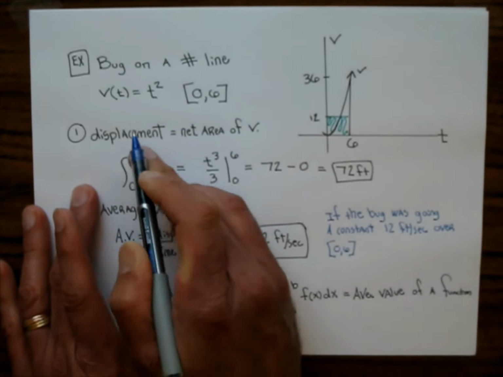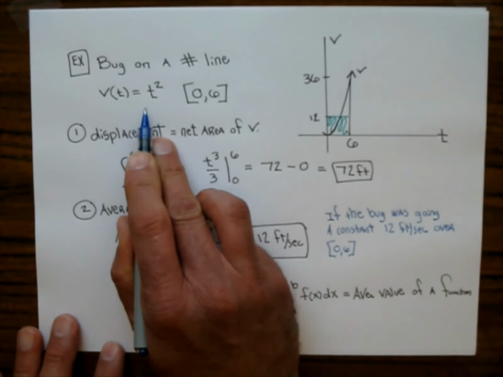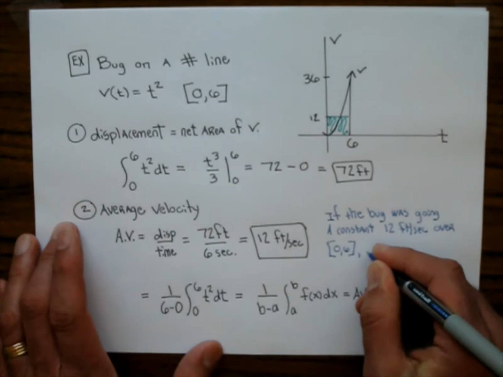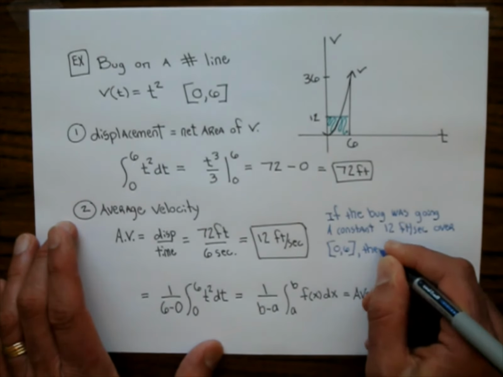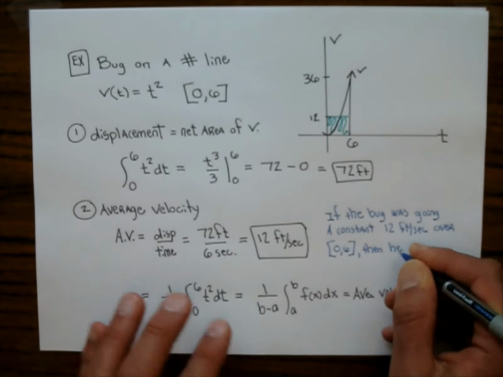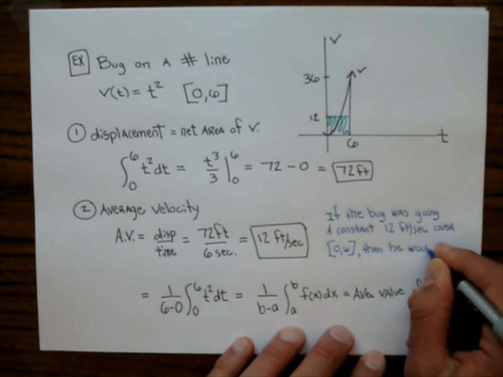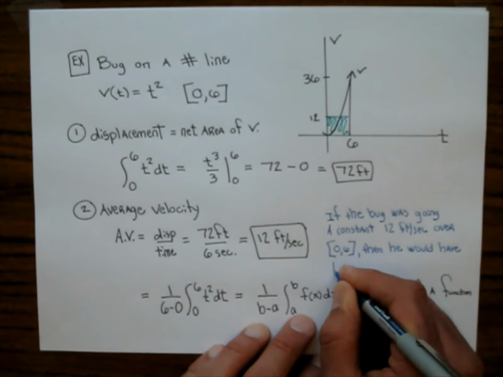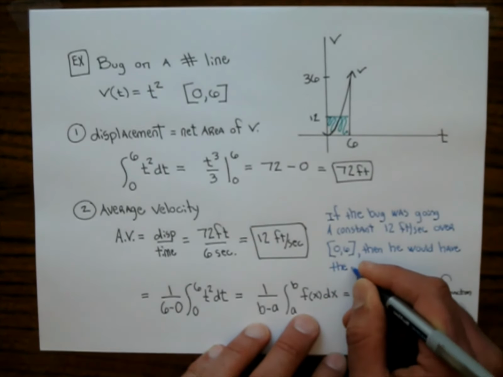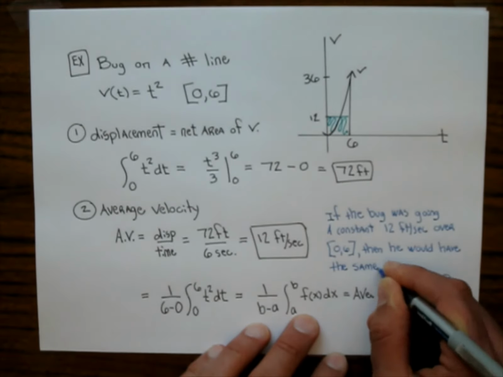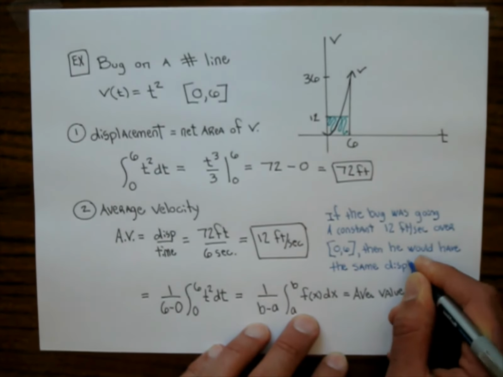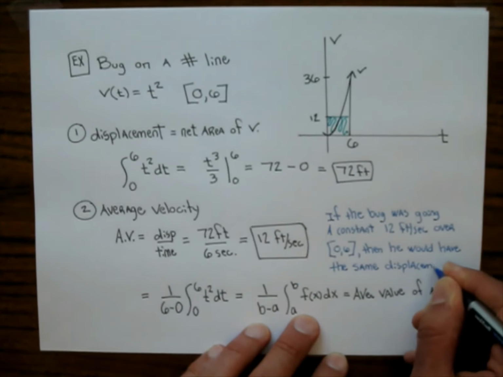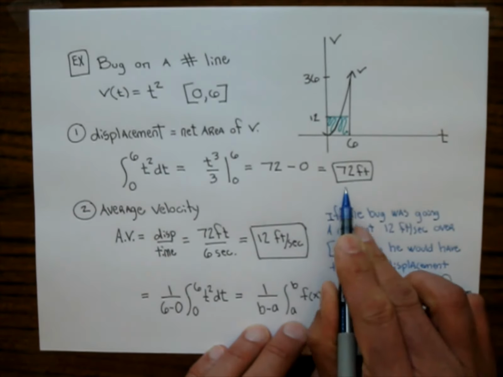Now he wasn't. His velocity graph looks like that, but if he was, then he would have the same displacement that we found. His displacement would be 72.